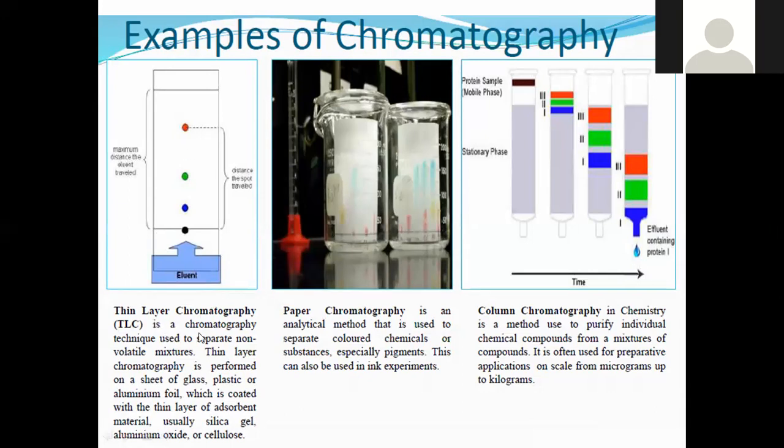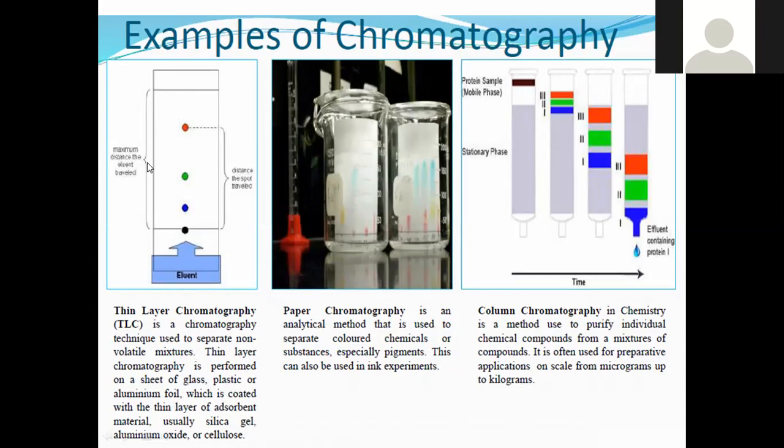So thin layer chromatography is a technique which is used to separate non-volatile mixtures. The thin layer chromatography is performed on a sheet of glass or plastic or aluminum foil.